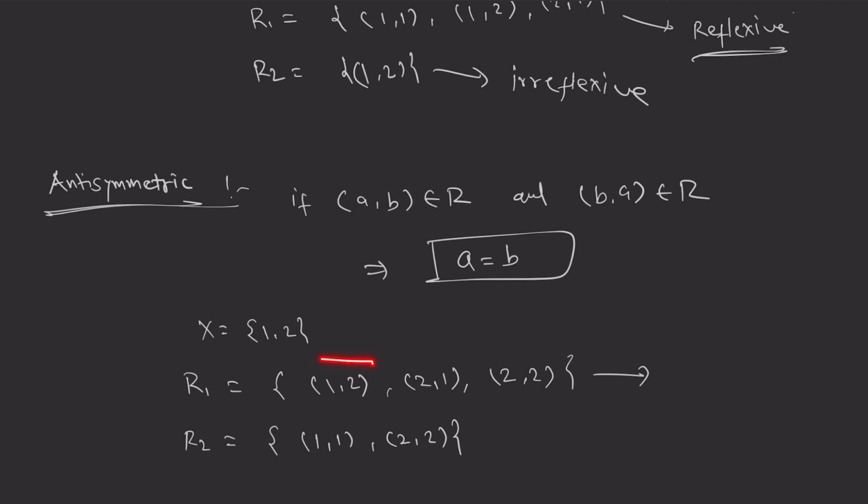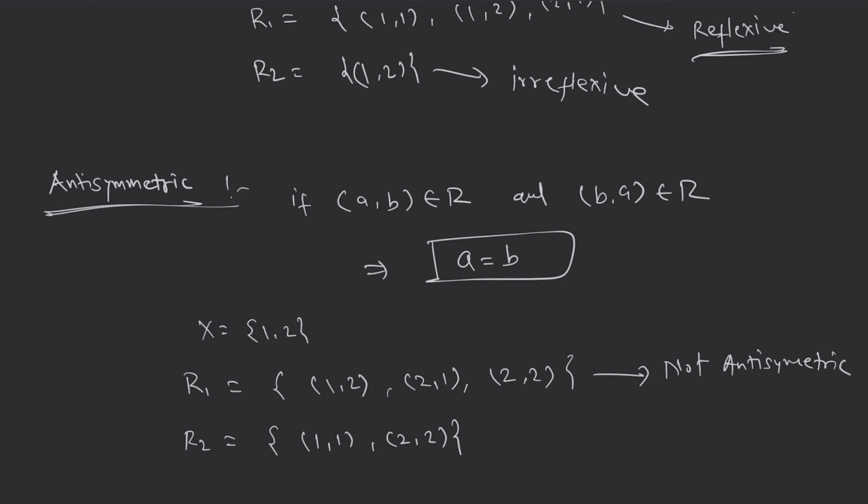Let a equal 1 and b equal 2. Then a comma b is there and b comma a is also there, but is a equal to b? Is 1 equal to 2? No. So this is not antisymmetric.